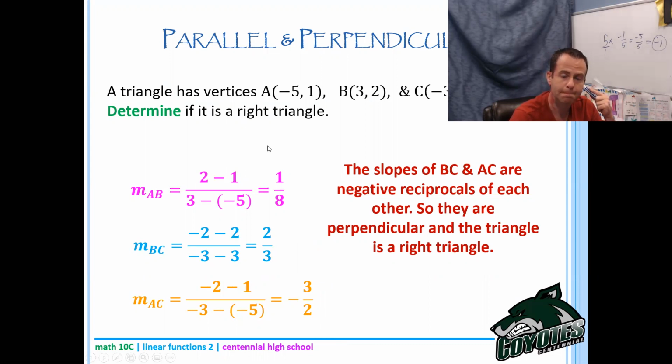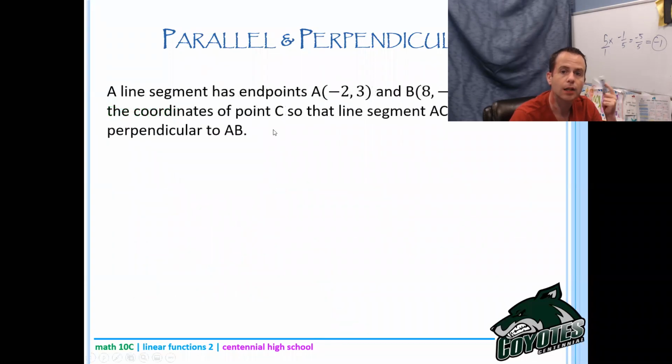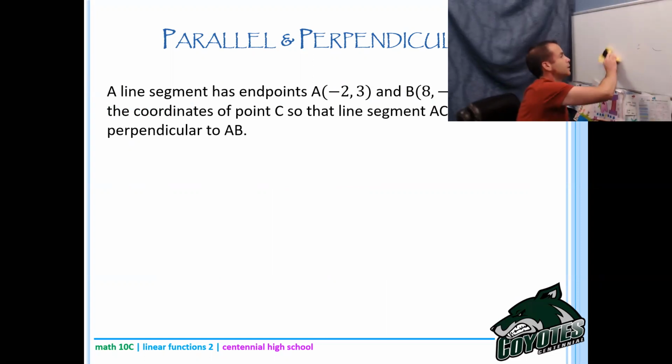Okay? Awesome. A line segment has endpoints A (-2, 3) and B (8, -3). Determine the coordinates of point C so that the line segment AC is perpendicular to AB. Now, if you're lost there, let's just draw ourselves a little picture, okay?